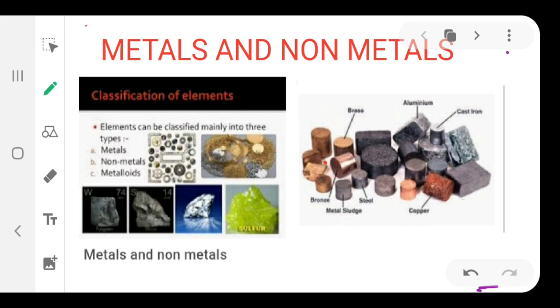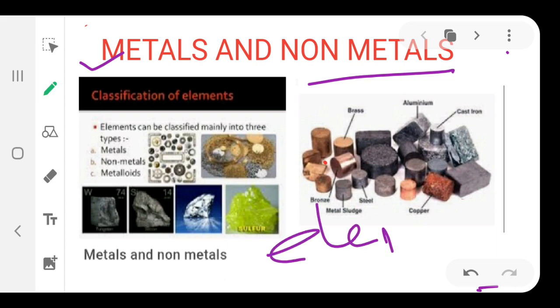With respect to the heading, metals and non-metals, you should know that we all know something by this word called elements. The whole world that is visible to our eyes consists of one or the other elements, and all matter is composed of them.